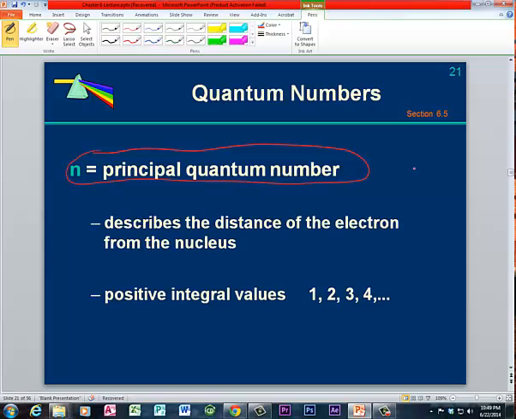nucleus. So if I have a positively charged nucleus and then I have a negatively charged electron that's in what we call an orbital at some distance from the nucleus. And so we might call this, since this is the n principal quantum number, we might call this electron existing in an orbital at n equals 1 distance or energy level from the nucleus.